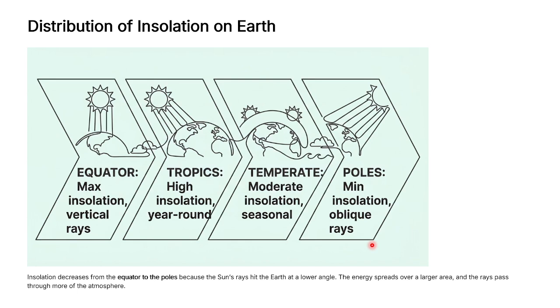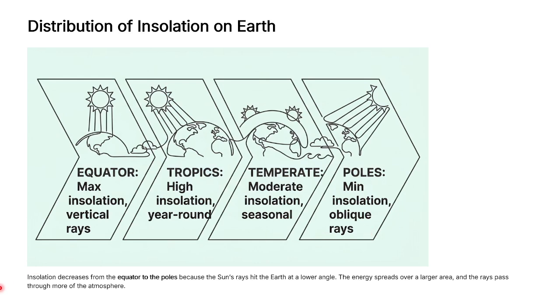So how is insolation distributed on earth? At the equator, the maximum insolation occurs, with vertical rays, in the tropics. So high insolation year round, whereas in temperate regions moderate and seasonal, whereas at the poles minimum insolation with oblique rays.